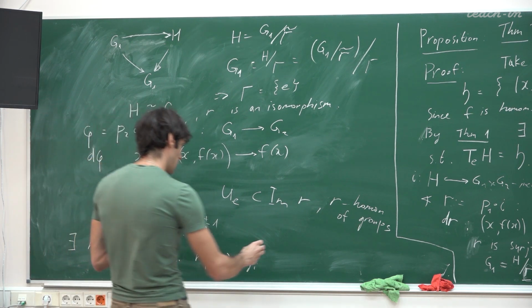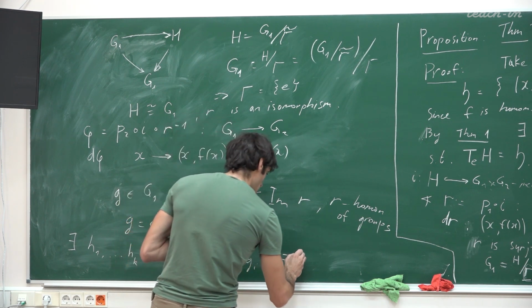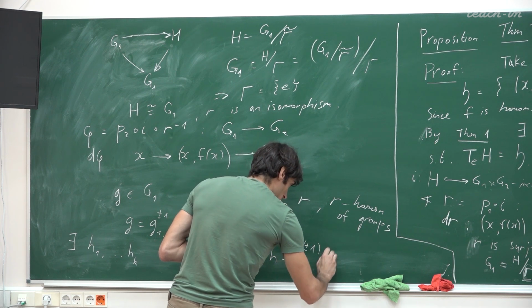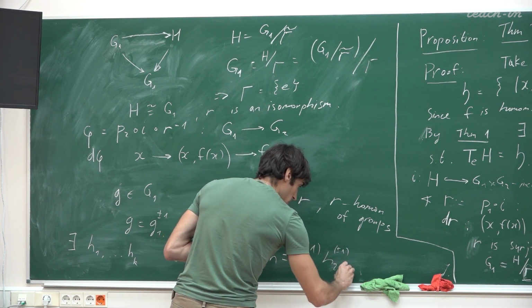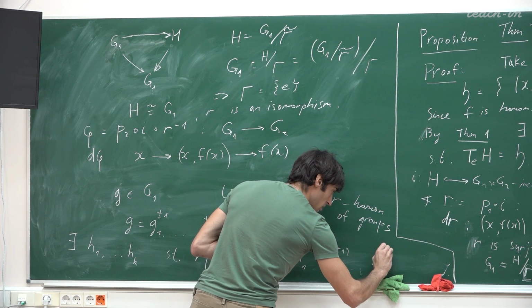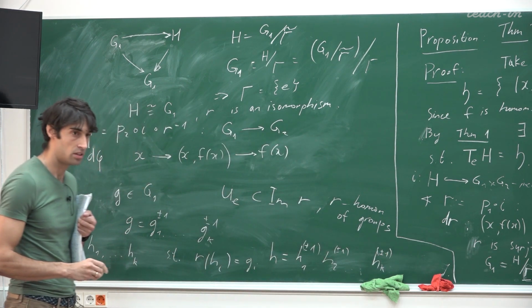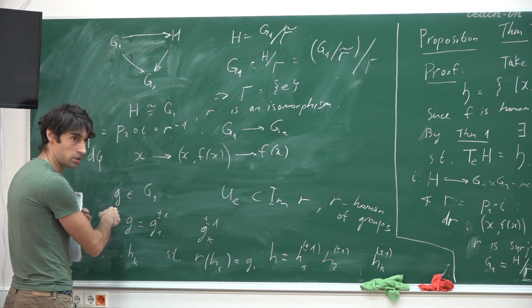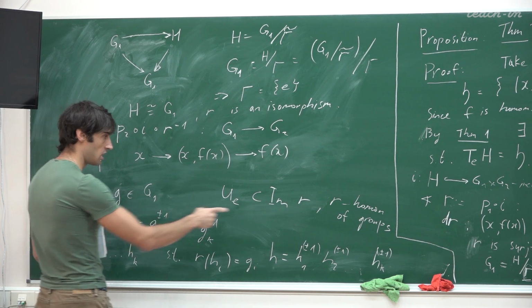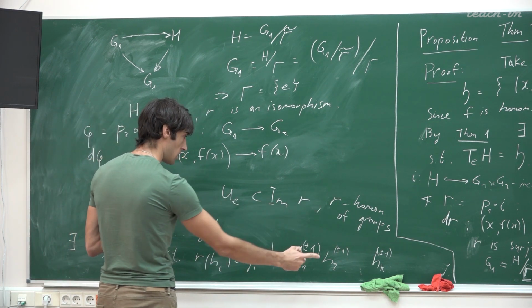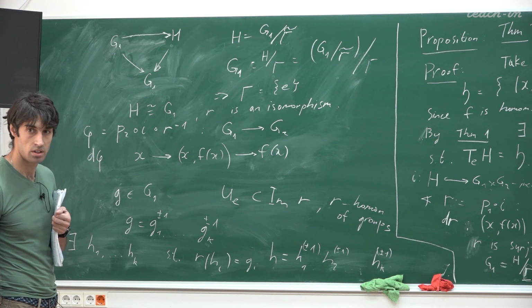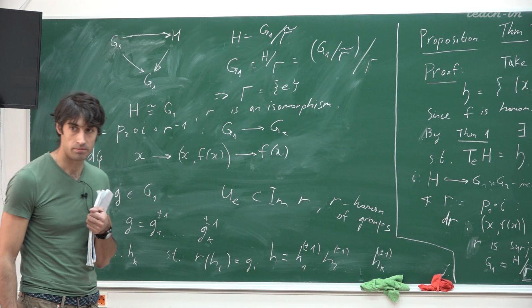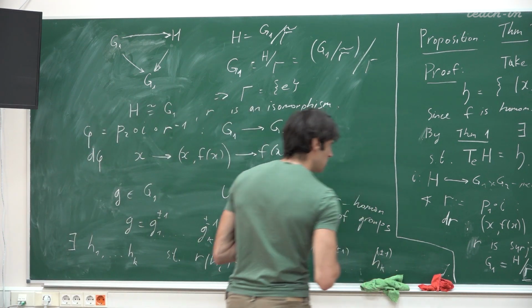Then I take H to be H1, maybe inverse, H2, maybe inverse, through Hk. I claim that this is a preimage of G, arbitrarily chosen, under R, because R is a homomorphism of groups. So this proves that it's surjective. Okay, very well.